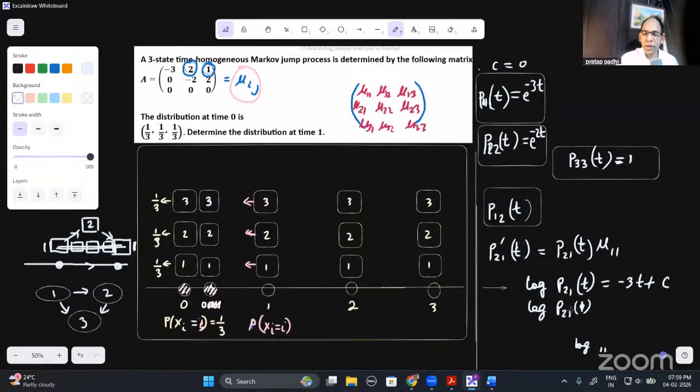So in 0 time, 2 to 1, impossible. So if you take this one to that side, e power, it will be like this. This will be equal to e power minus 3t plus 0, right? So when t is 0, this probability does not exist.